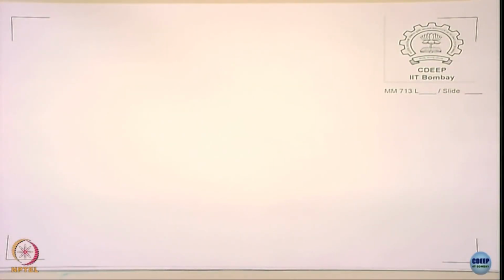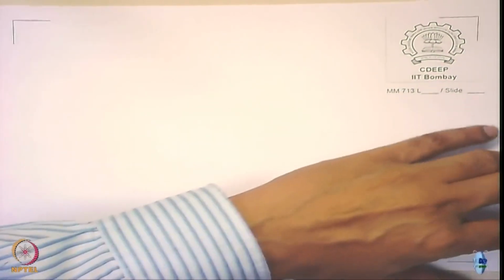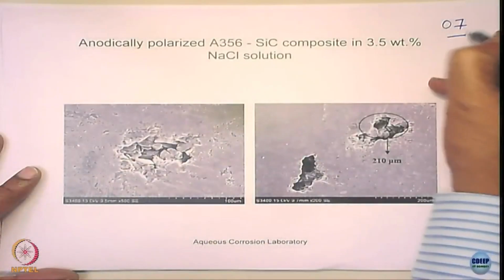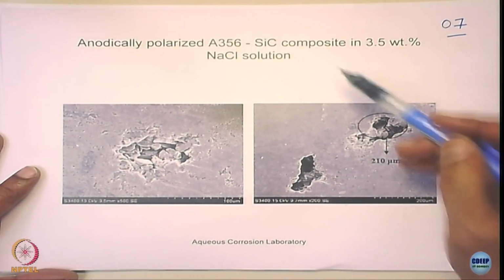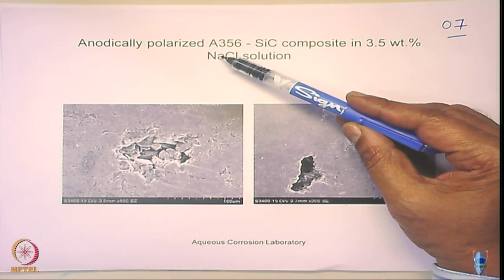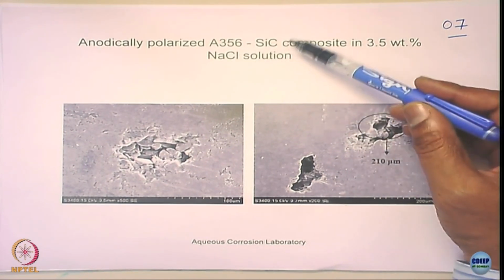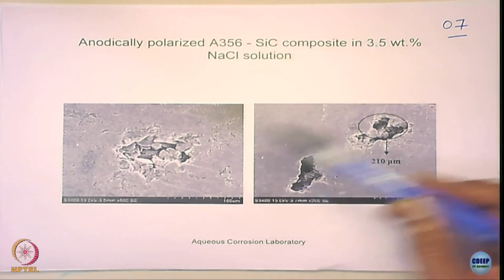As I told you, the pits can be very complex, depending upon the microstructures. So this is a slightly irregular morphology of the pit that you see here, and this is a composite, an A356 aluminum alloy, wherein silicon carbide particles are added.